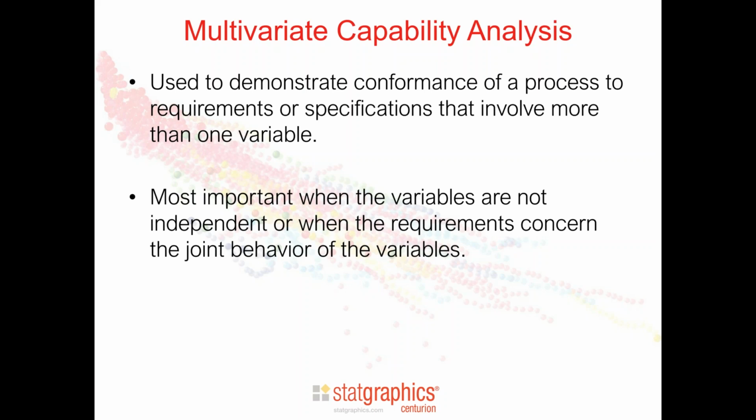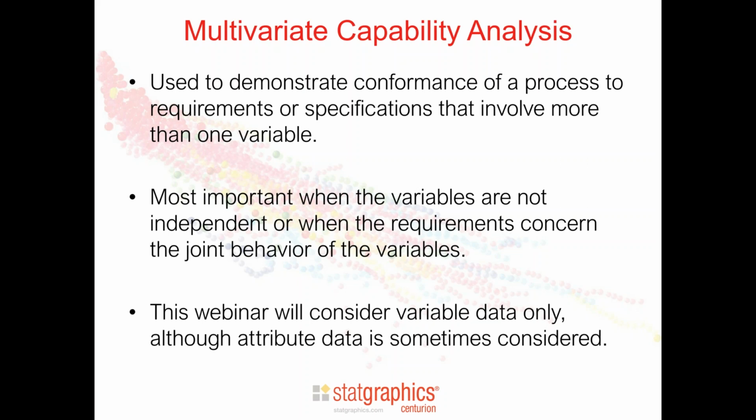It's most important when the variables that characterize your process are either not independent, or if those requirements concern the joint behavior of the variables, what happens simultaneously with respect to those variables. This webinar will deal with variable data, that's quantitative data, although attribute data, pass-fail data can sometimes also be considered.